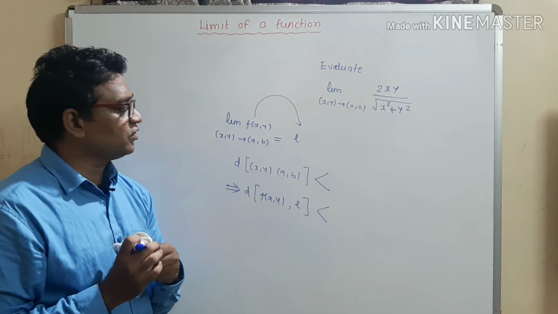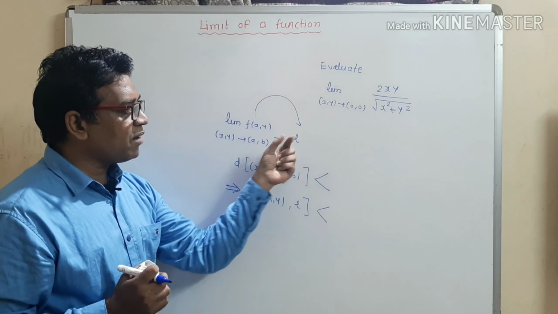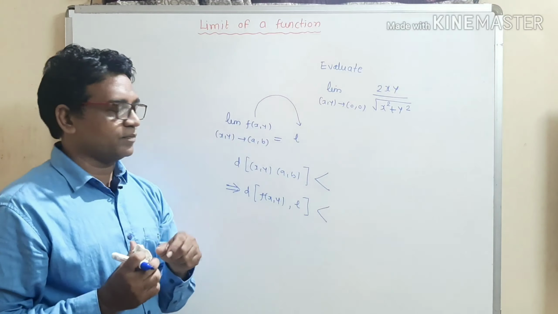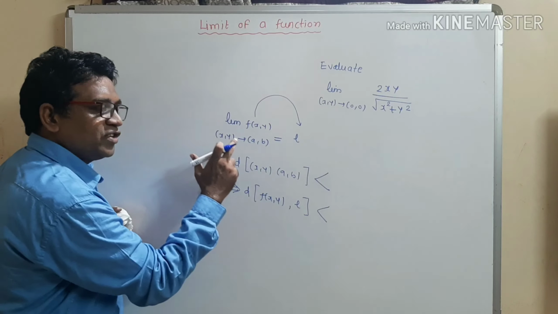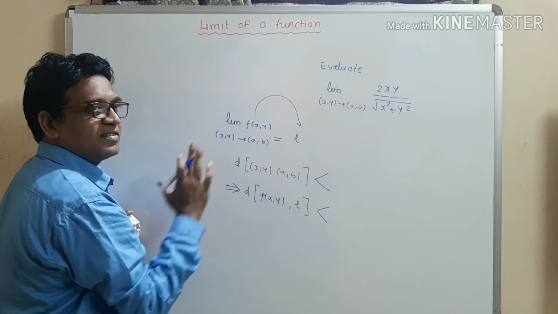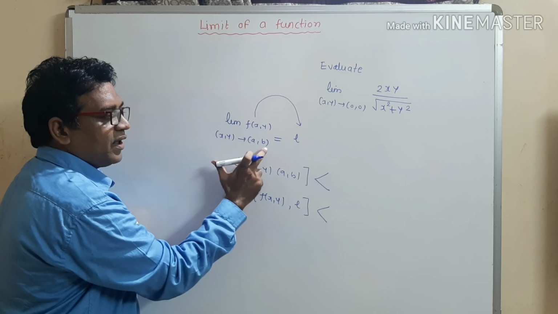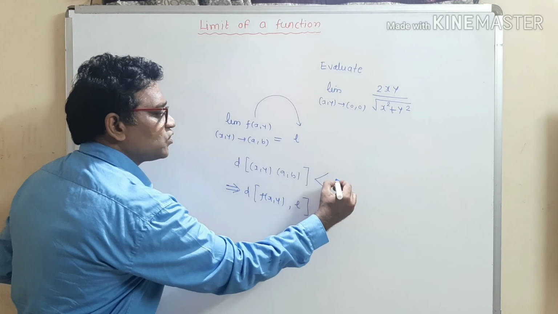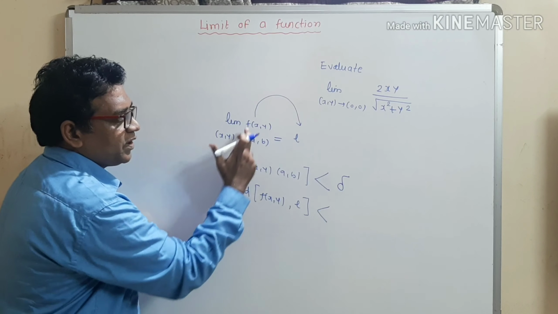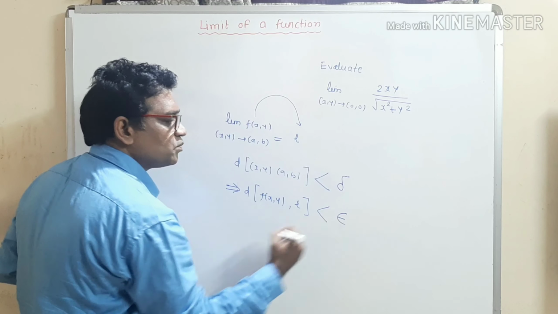A function f(x, y) is said to have a limit L, means that distance between (x, y) and (a, b) can be made so small by making the distance between f(x, y) and L sufficiently small.